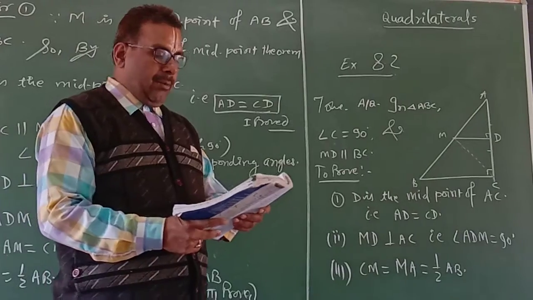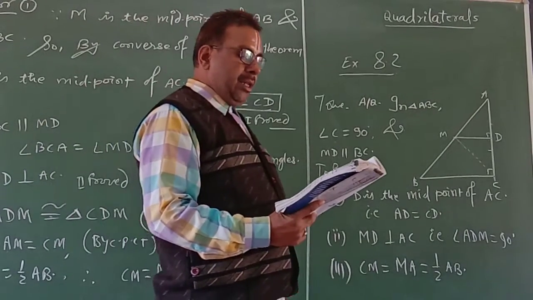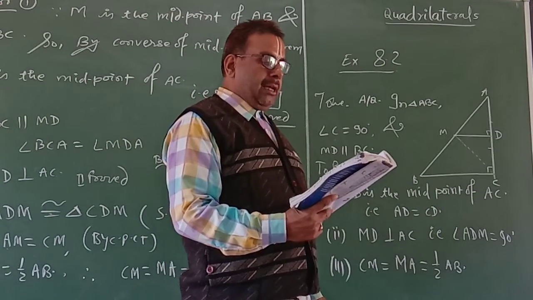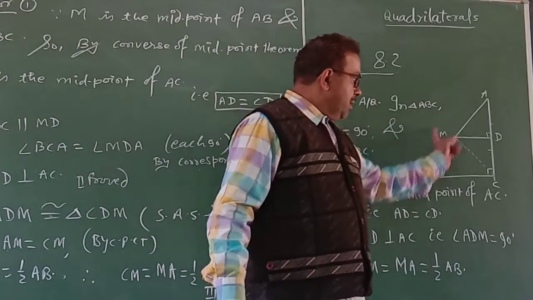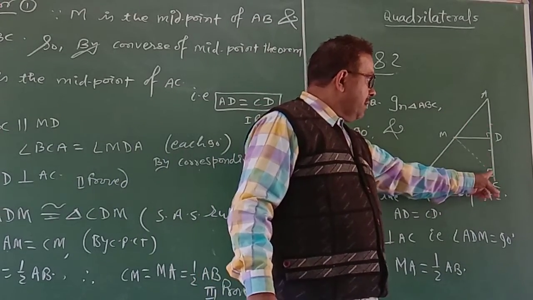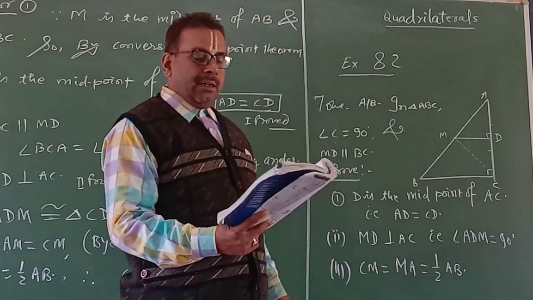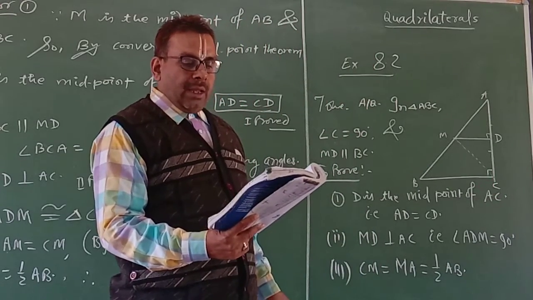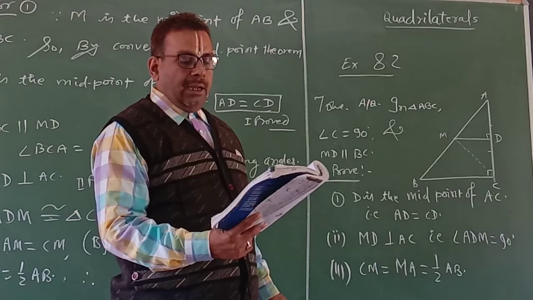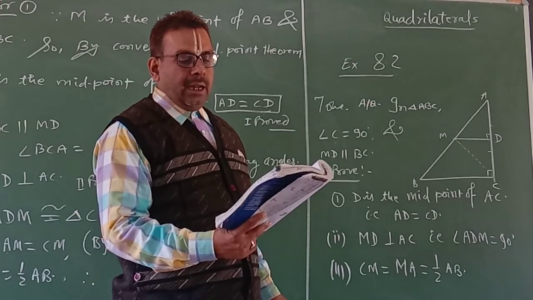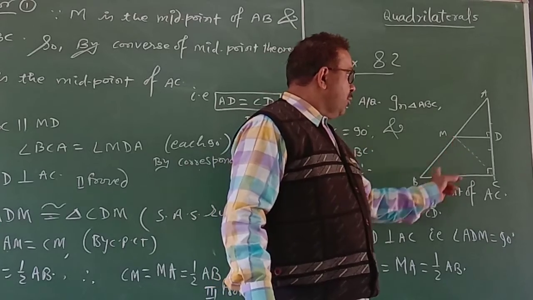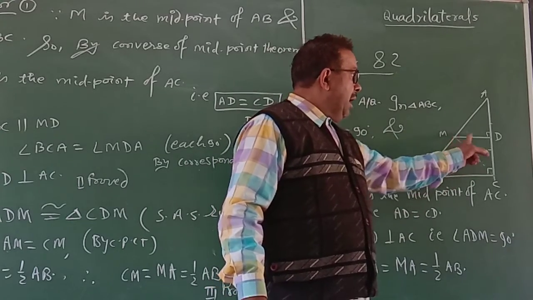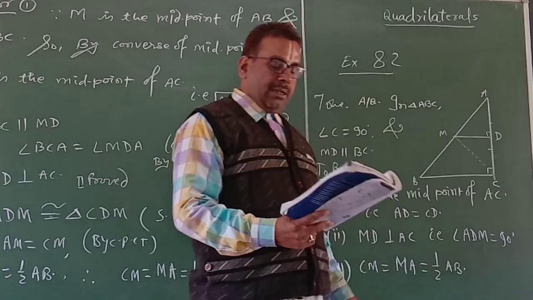As we are given, triangle ABC is a triangle right angled at C. आपका ABC एक राइट ट्रायंगल गिवन है जिसमें पॉइंट C पर राइट एंगल है and a line through the midpoint M of hypotenuse AB. It means M is the midpoint of hypotenuse AB and MD parallel BC.